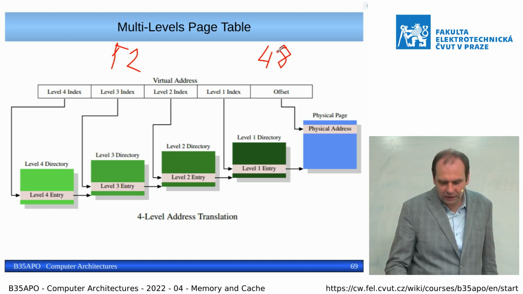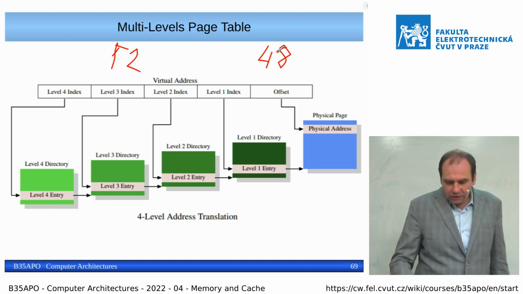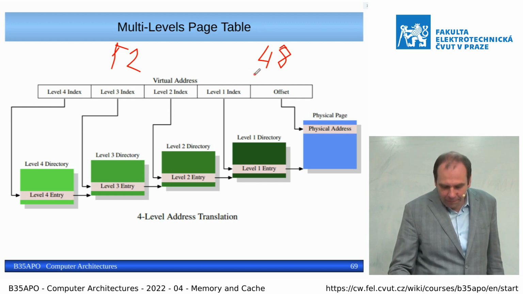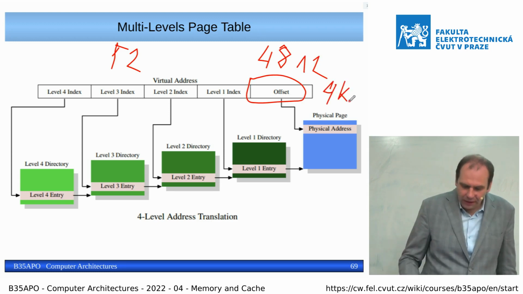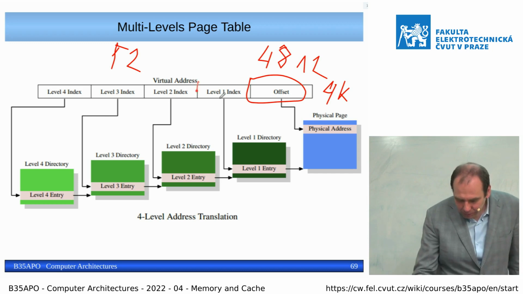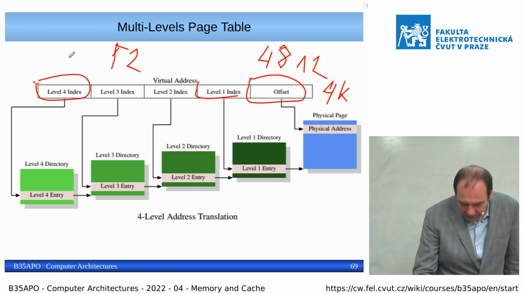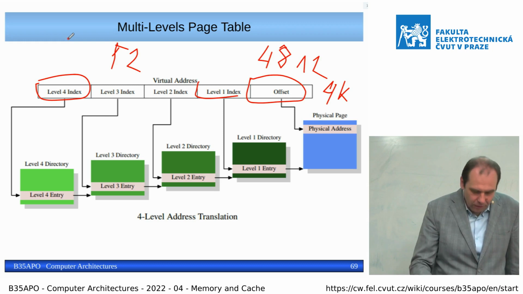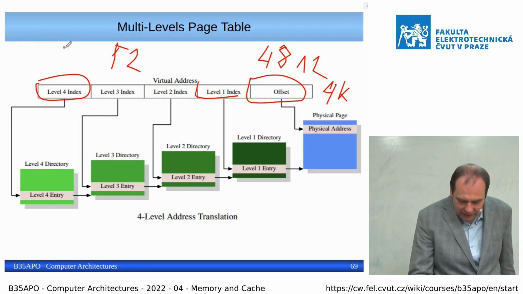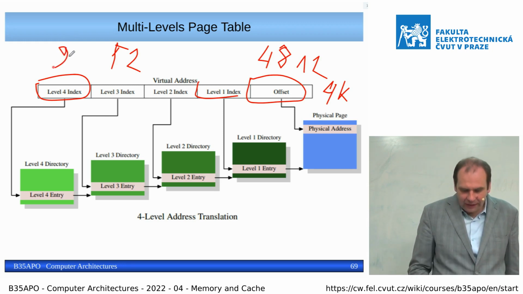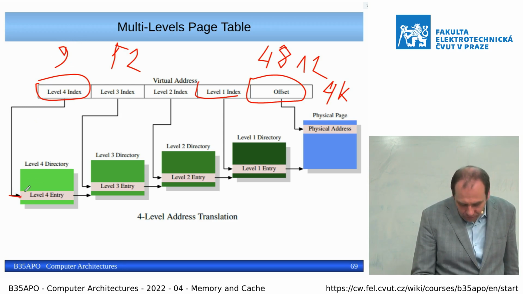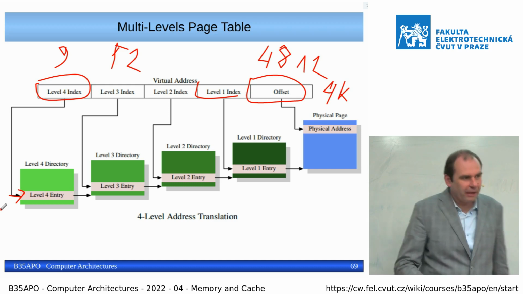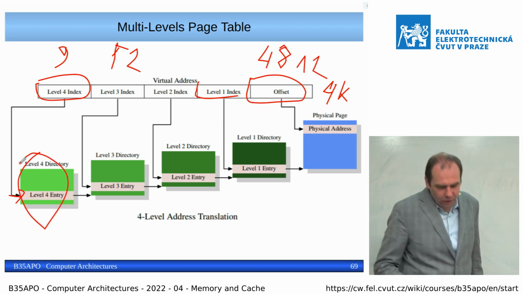Maybe today there is an extension to 52, I think. So the typical setup for Intel is that we keep the offset of 12 bits, so basically 4K, and then we put there levels where we start from the most significant bits. In this case they decode 9 bits as an index to the top-level directory of the page tables.